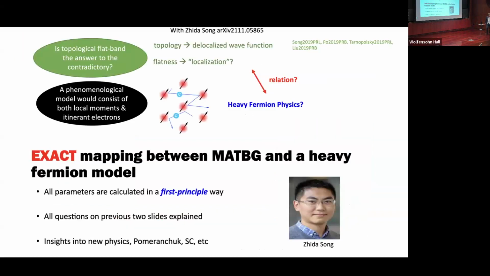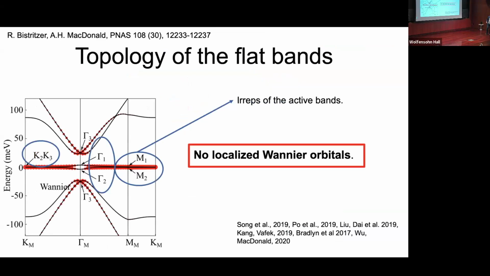And this is related to the question of how much can we localize out of these bands. And I want to point out that there is a mapping, which is just a unitary transformation of the low energy degrees of freedom, that solves this problem. I'm not sure if it's the solution to the problem because it does depend on the coefficients of the problem, on whether we have the correct values for the interaction.